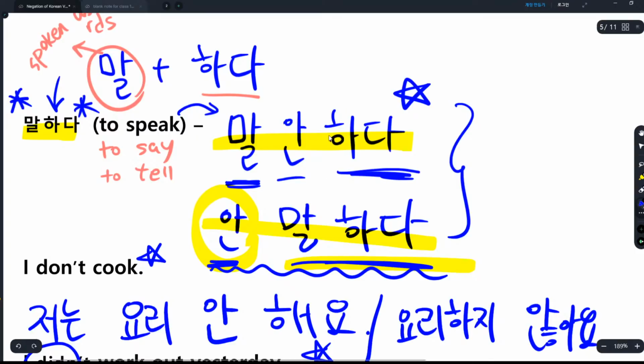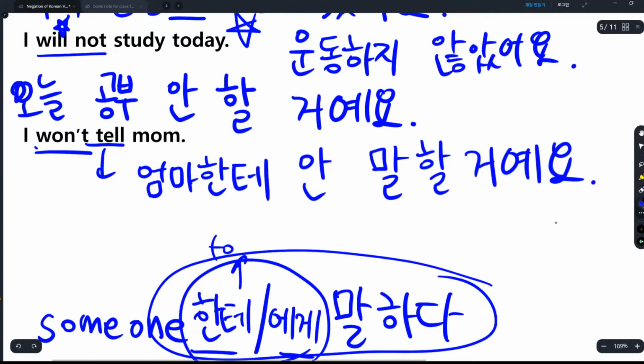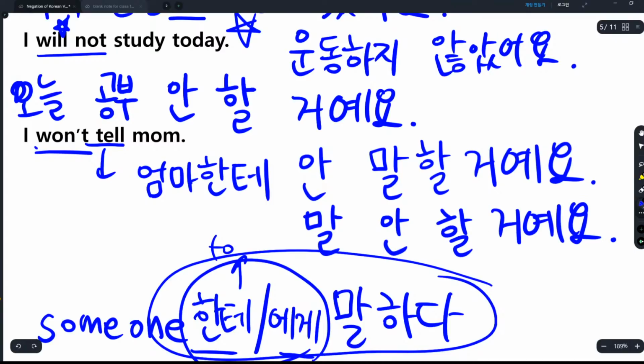Both of them work, right? So you can either say 엄마한테 안 말할 거예요, or you can also negate it by separating the noun and the verb and say 말 안 하다, 말 안 할 거예요. 엄마한테 안 말할 거예요, or 엄마한테 말 안 할 거예요.